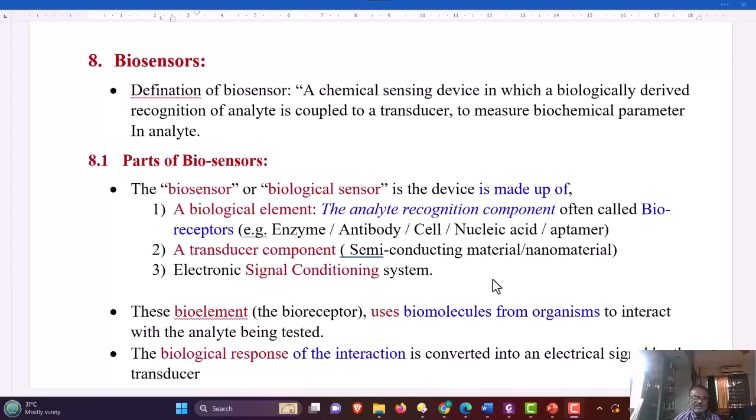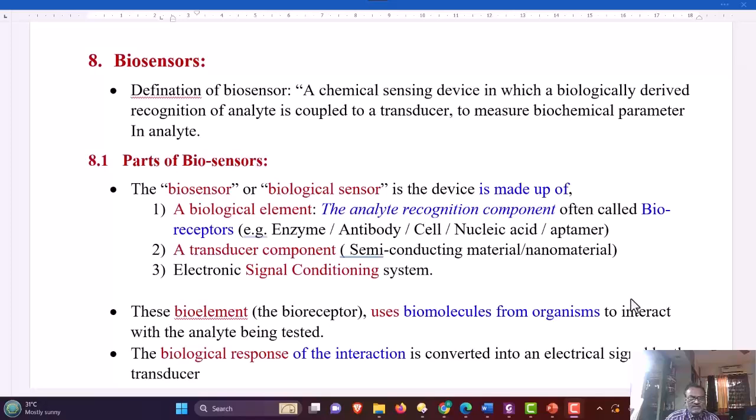The analyte can be a blood sample, a urine sample, or other samples taken from the body. The second part of the biosensor is the transducer component. Basically, it is a semiconductor material or nanomaterial component which will convert the response of the biological element into an electrical signal. This electrical signal can be connected to an electronic system that can condition it for display or recording purposes.